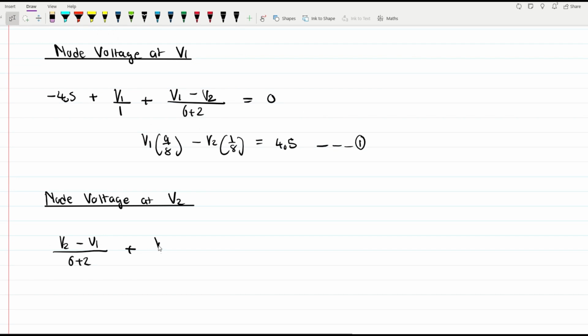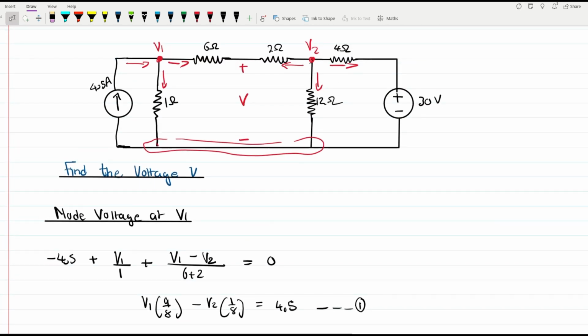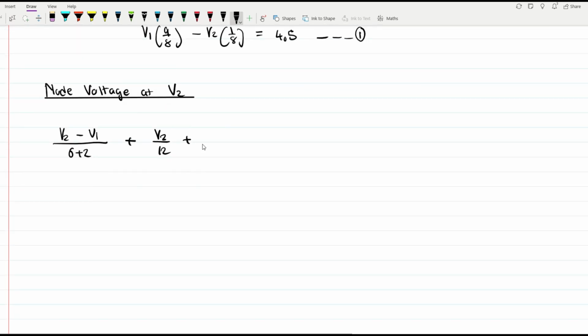And we have another current that's also going out, which is V2 minus 30 volts divided by the 4 ohm resistor. And all of that is equal to 0.